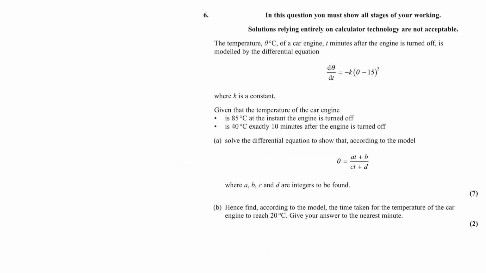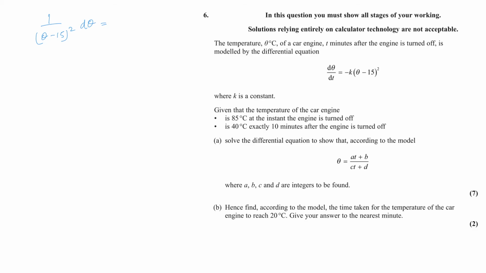So question 6, we got a differential equation here, and it's given us a couple of key values here and here. So that will be able to find our constant with. So if I rearrange this, I've got 1 over (theta minus 15) squared d theta.